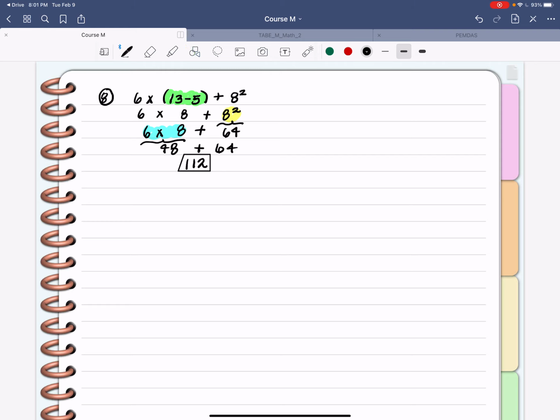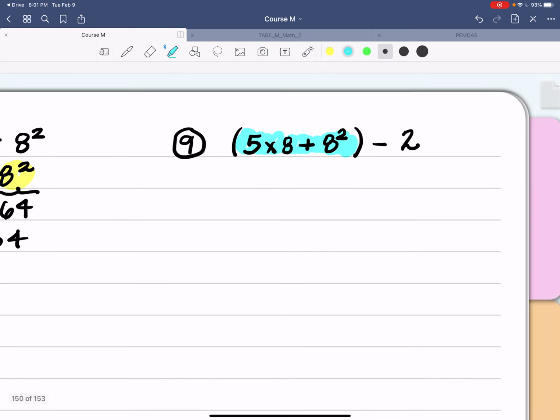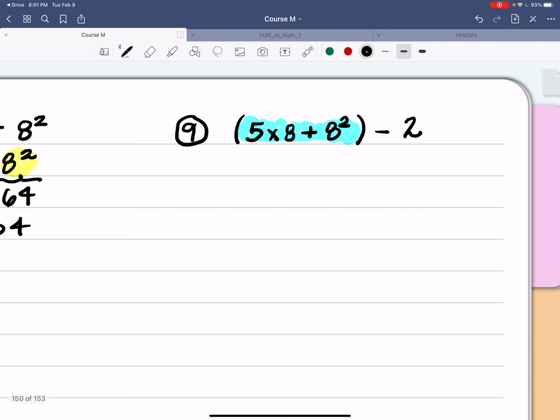Number 9 is big parentheses. 5 times 8 plus 8 squared, close parentheses, minus 2. So parentheses must come first. So when I get in there to do the work, I have to deal with that exponent.